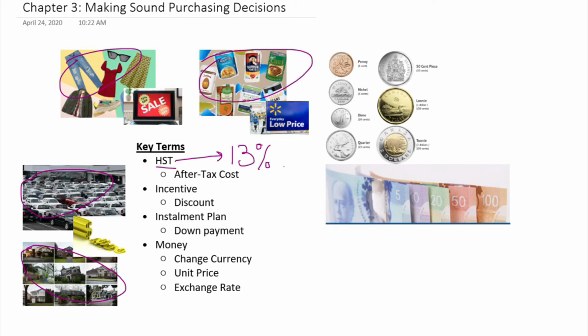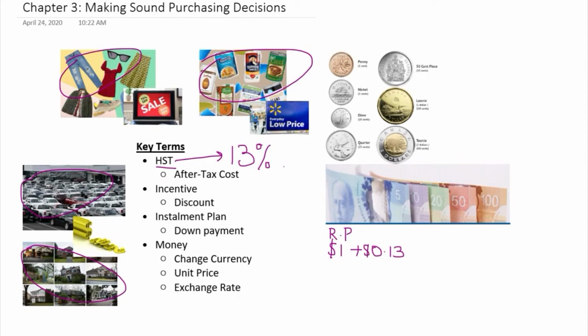So that means that if I buy a specific object whose price I would say is $1 as regular price, which means that if you look at the price tag on that particular item, it is $1. This means that I'm going to add 13 cents, because 13% of $1 is 13 cents.